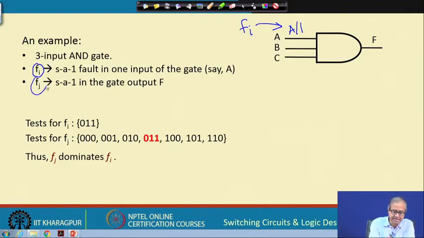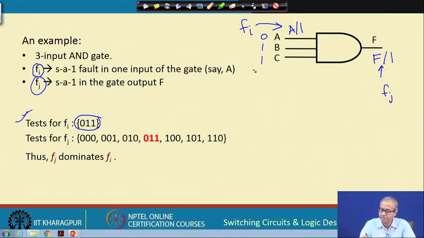And F j is the stuck at 1 in the output, F stuck at 1, this is my F j. Now, for this AND gate, for F i, what are the tests you can use? For testing A stuck at 1, there is a single test vector 0 1 1, because under fault free condition F will be 0, and if there is a stuck at 1, the output will be different. So, it will be detected.